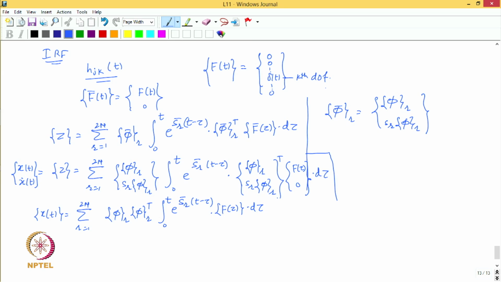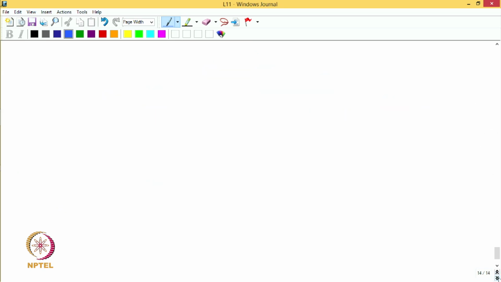So, now if you substitute in place of f of tau the vector f of t, and then obtain the response, then that would be nothing but the impulse response, and that can be then written as h j k t is equal to summation of phi j r phi k r e to the power s r t, with r varying from 1 to 2n.